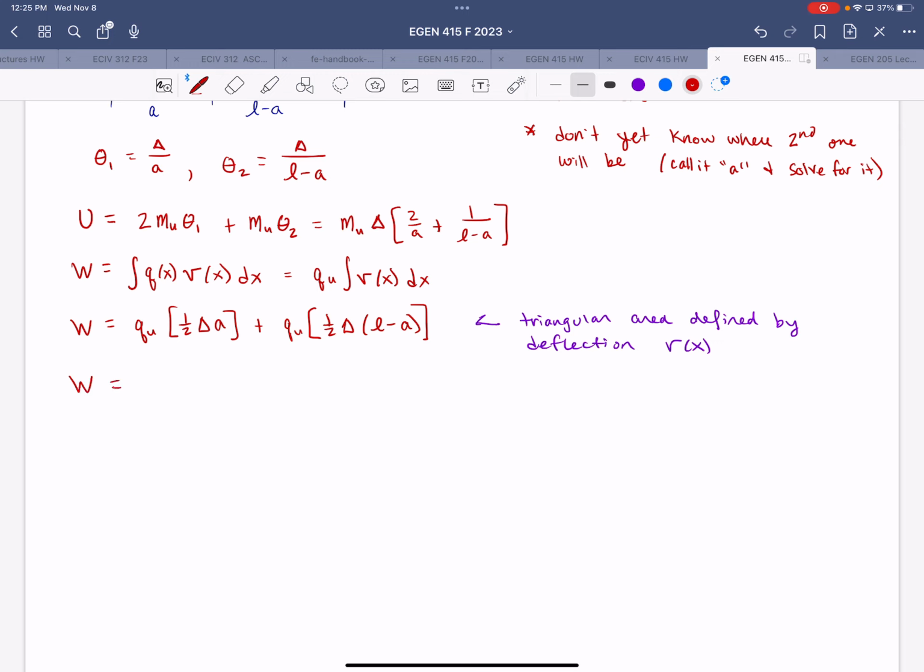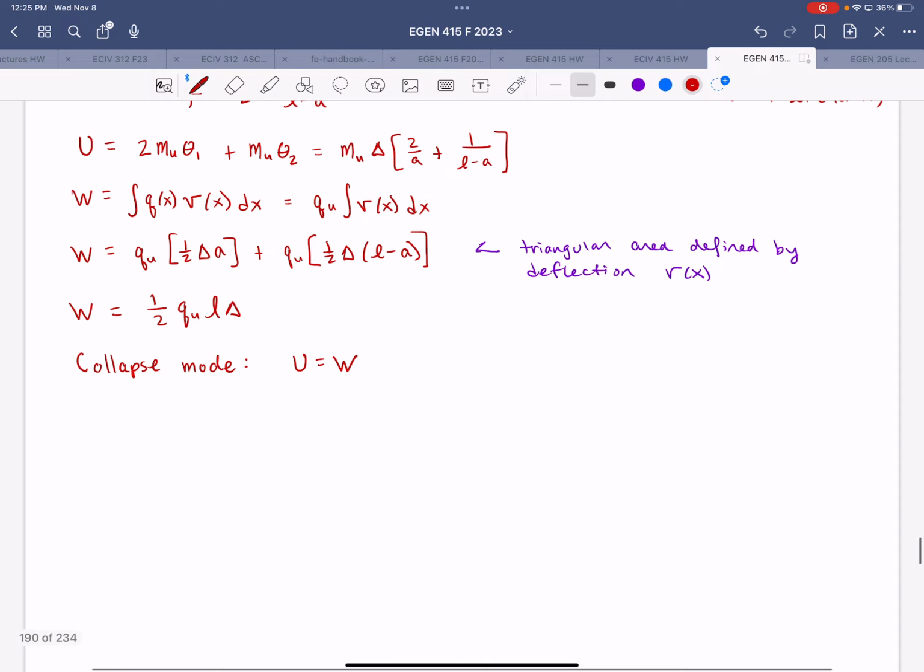All right, so finalizing this thought, we have our external work is equal to 1/2 QU times L times delta. So to determine the collapse mode, we set internal strain energy equal to external work for our total work principle.